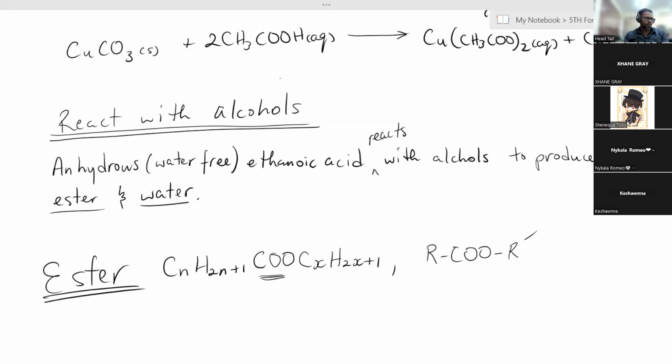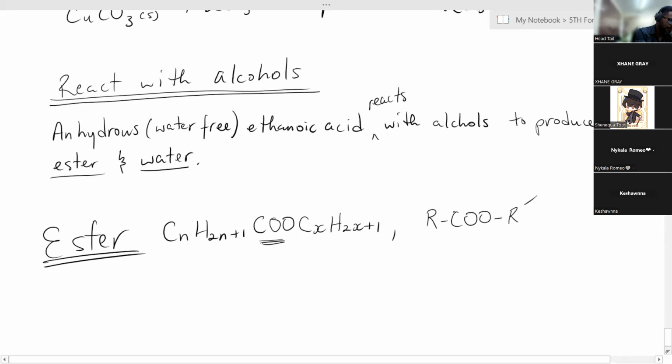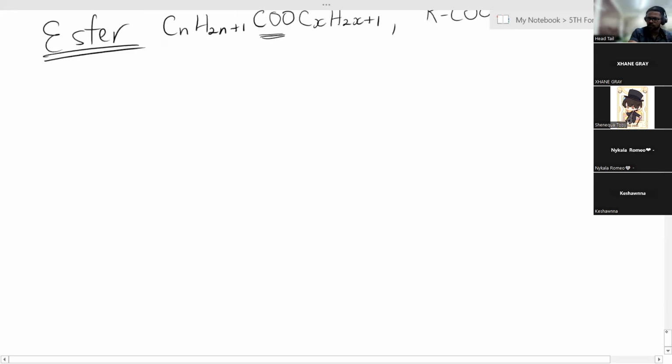So here's my reading concerning esters. An ester is formed when an alkanoic acid reacts with an alcohol, or particularly an anhydrous alkanoic acid reacts with an alcohol.